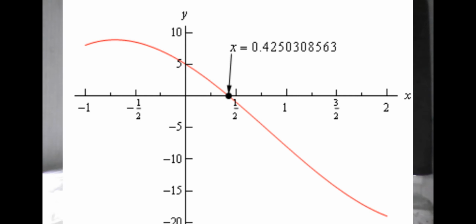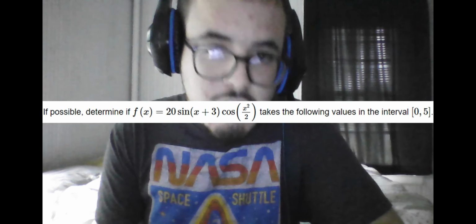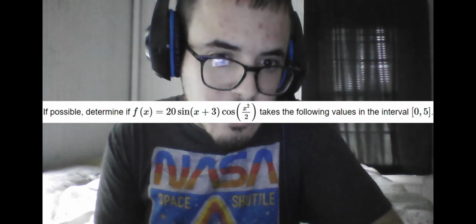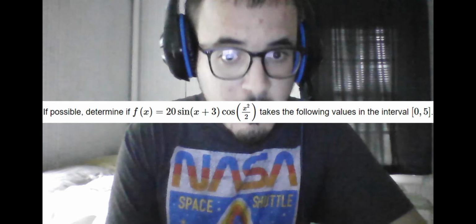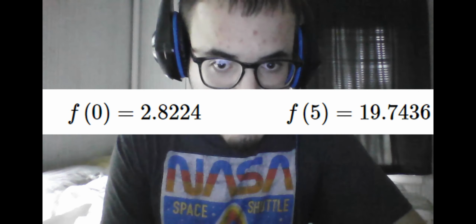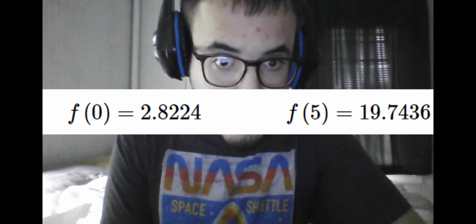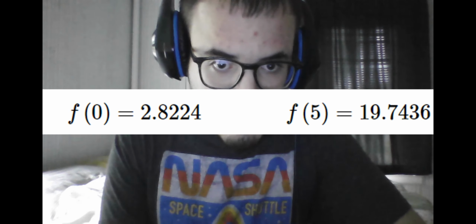If we are given a non-polynomial function such as this, and the interval 0 to 5, and asked if the function is equal to 10 or -10, we would evaluate the function at either end of the interval, and see that 10 is between these, so it fits the Intermediate Value Theorem, because we also know the function is continuous.